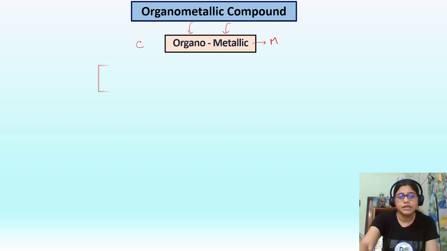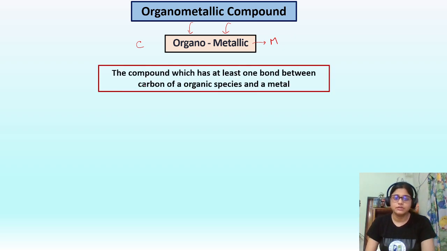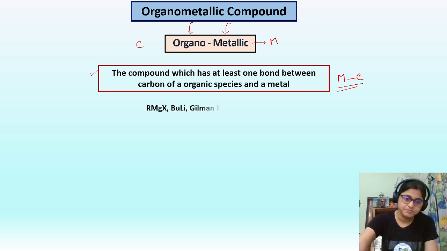So the definition, if you see, is that the compound which has at least one bond between carbon of an organic species and metal. So the M-C bond is very important here. M-C bond must be present. Okay. So for that only we can say that the compound is an organometallic compound.